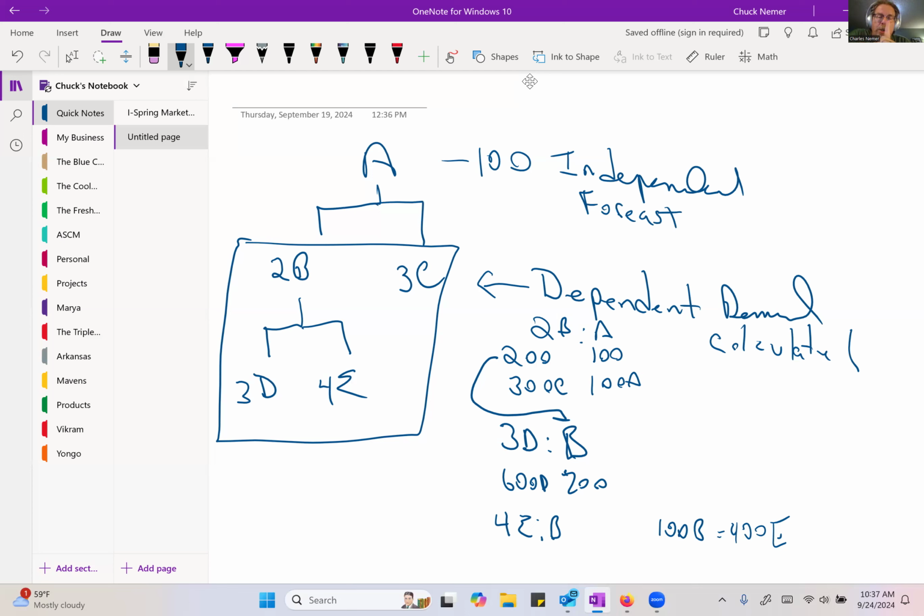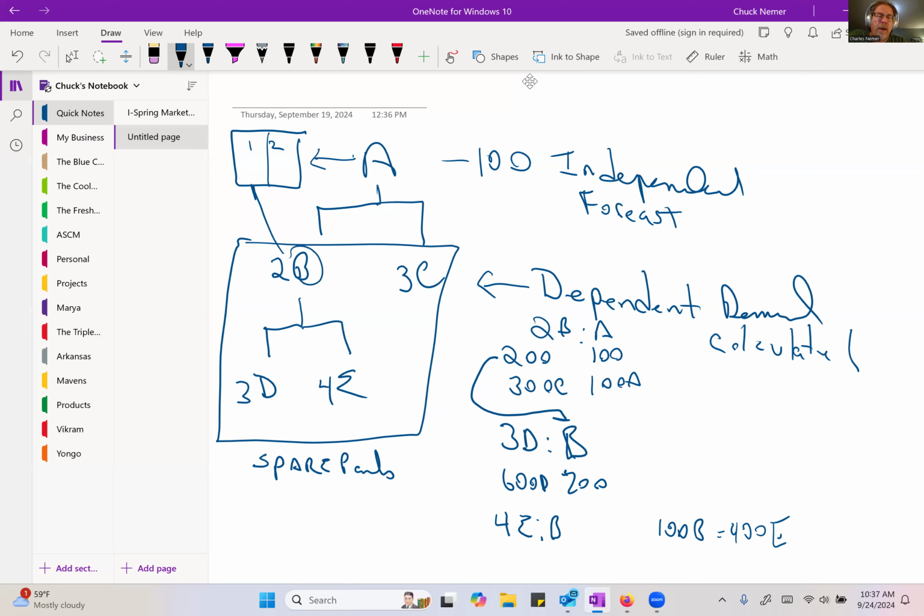Now, there is one situation where a dependent item, I'll just use the bottom left corner, could also be independent, and that would be on spare parts. So let's say we had a bifold door. Two doors make up one door in a frame. So picture-wise it looks like this. Here's the door frame. Here's door one and two. It could be A is this whole thing.